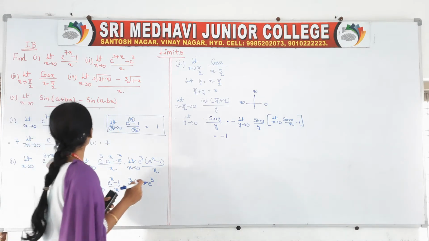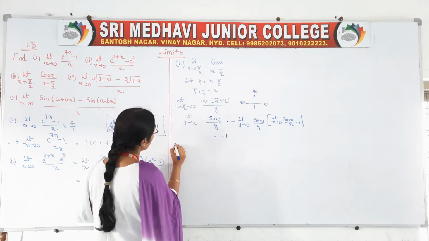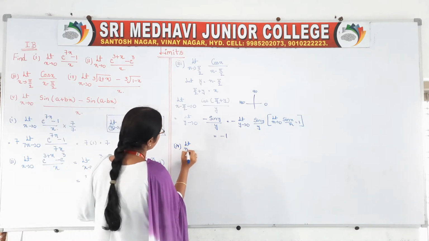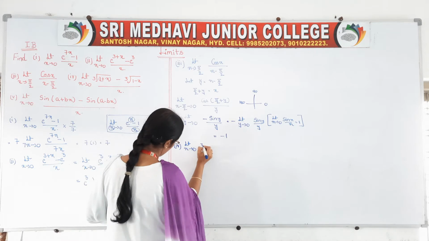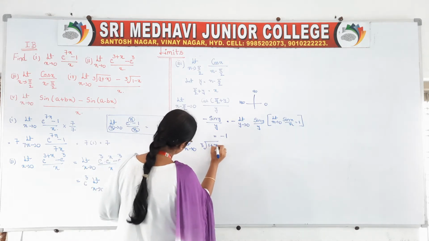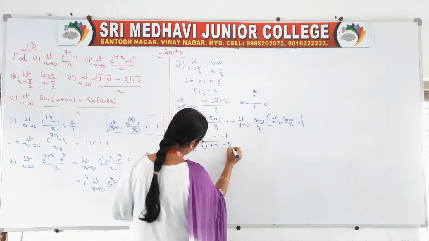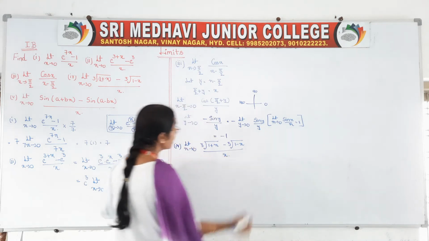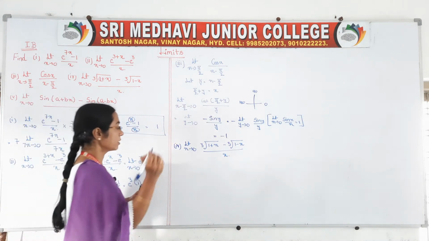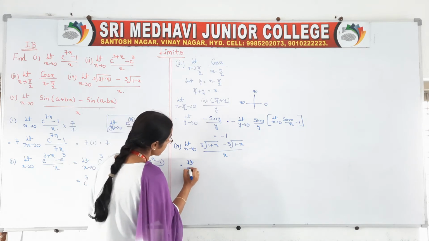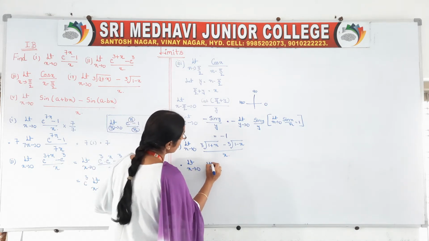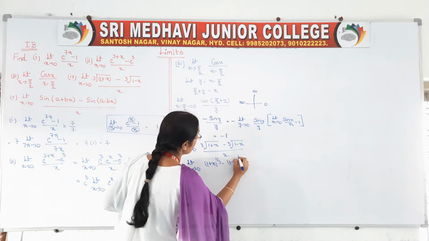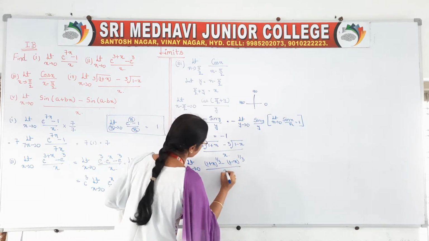Okay, now come to the fourth question. What is your fourth question? Limit x tends to 0, cube root of 1 plus x minus cube root of 1 minus x by x. So we can write this problem as limit x tends to 0, (1 plus x) to the power of 1 by 3 minus (1 minus x) to the power of 1 by 3, by x.